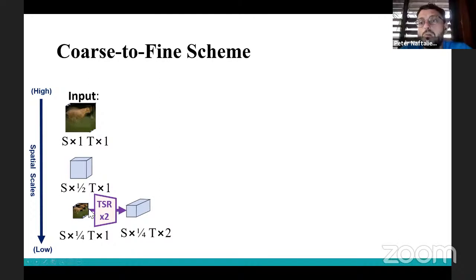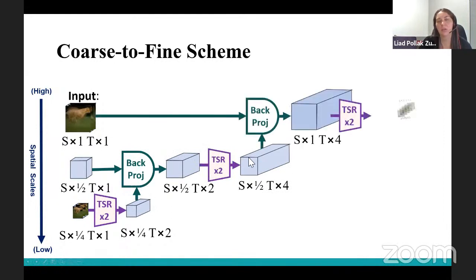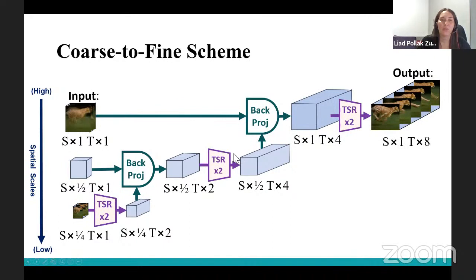You have T half, T quarter, lots of mixtures of that, but this is your input video and you perform your internal learning algorithm on it. Now I understand. The way that you do it is by creating these augmentations across space and time. Okay, so then we get our super-resolved by 8 temporal version.